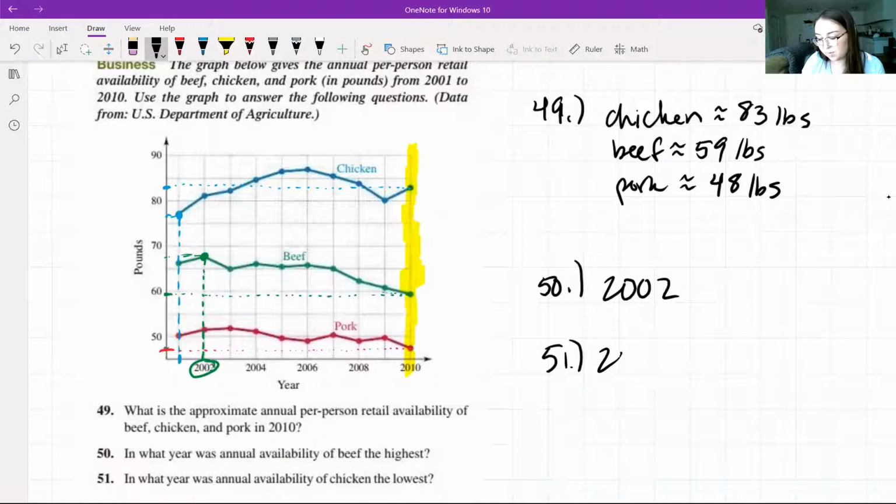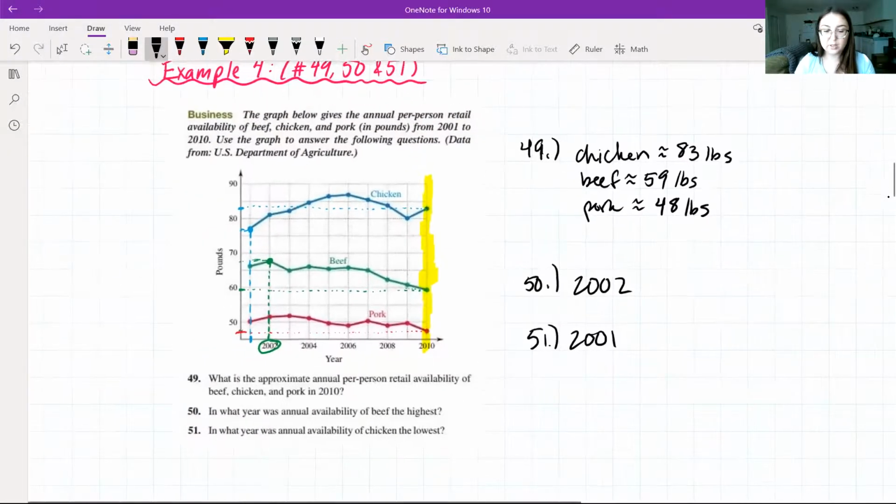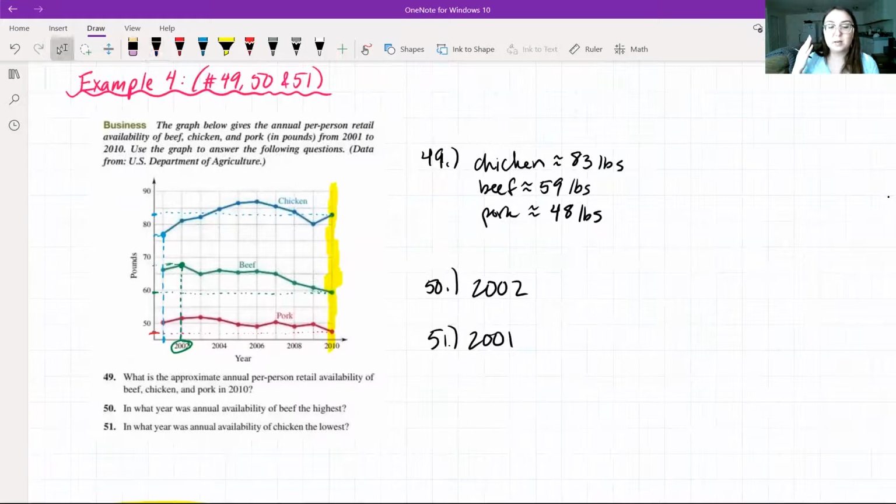So we can assume that this is 2001. So we got all this information purely from looking and being able to read and interpret our graph. So that was another really important part of our section, was being able to interpret graphs.